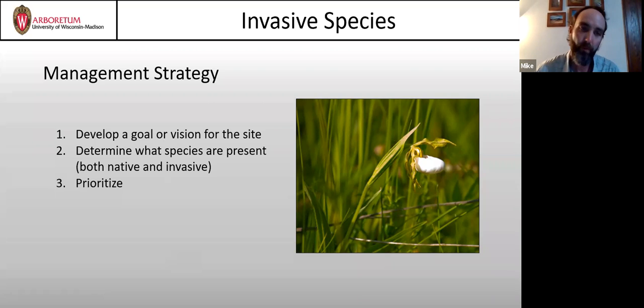You have to know where you're going in order to know how to get there. So you have to determine what species are present, both in terms of native and invasive, in terms of species that are desirable, species that you want there versus species that you don't. And then after that, you can start to prioritize what your actual management actions and activities are going to be.